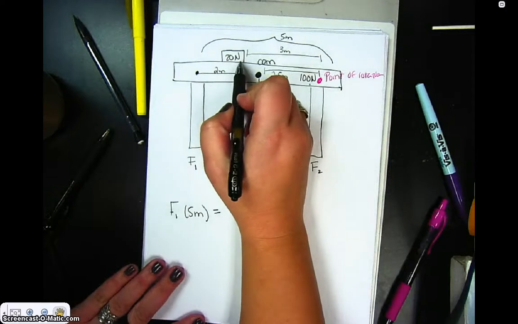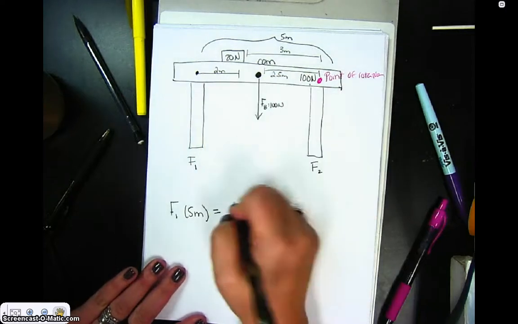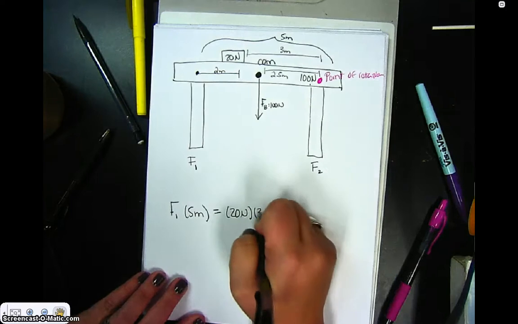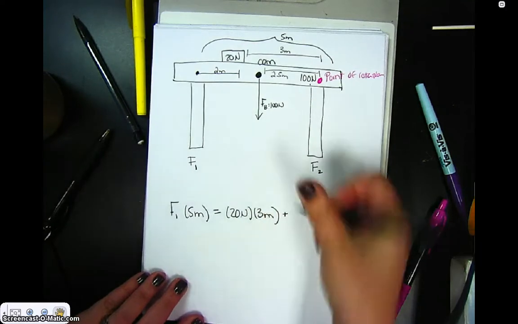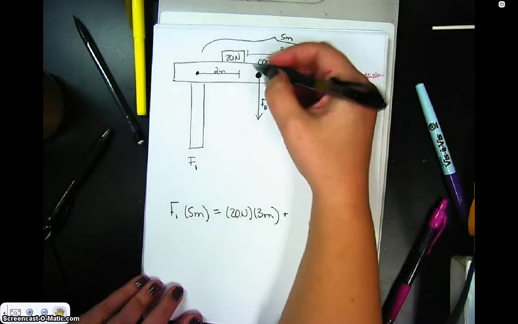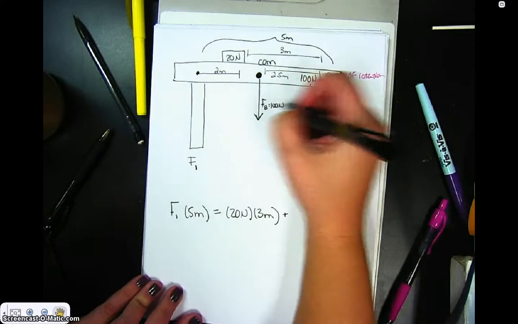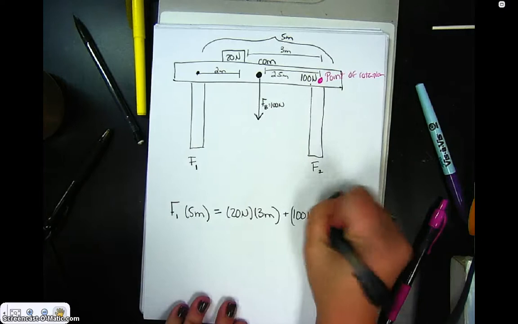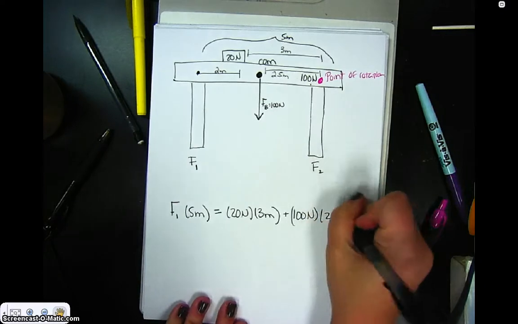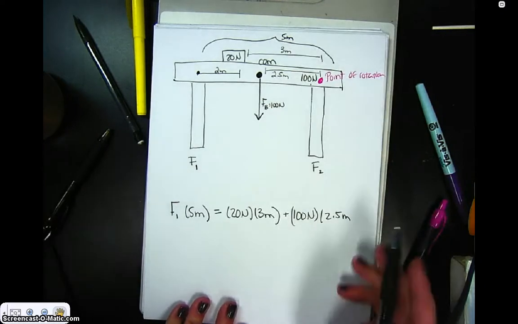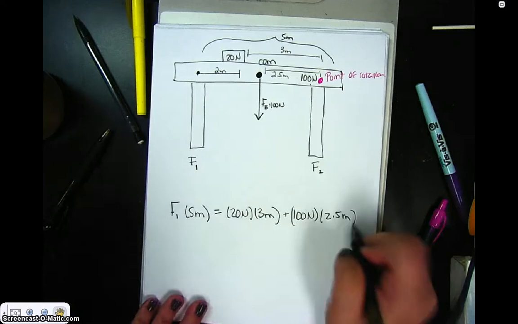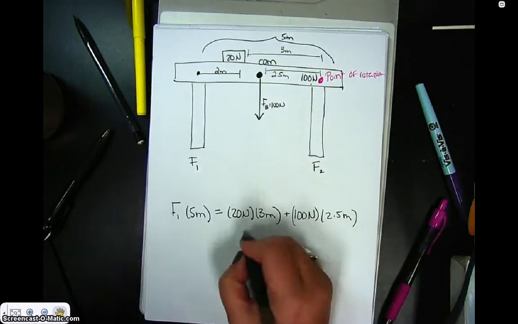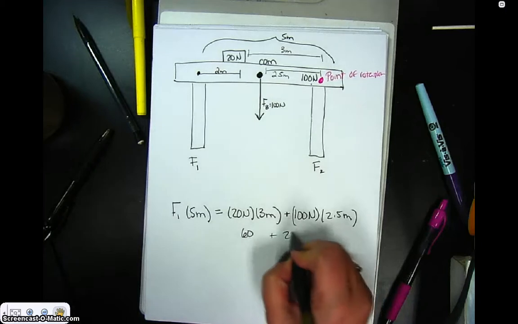So we have one that's 20 newtons, that's 3 meters from the point of rotation. And then the weight of the board, which, remember, all the force of the weight of the board is happening right here in the center. So we can say this 100 newtons multiplied by 2.5 meters, its distance from this point. So basically what we're going to have is 20 times 3, which is 60, plus 250.